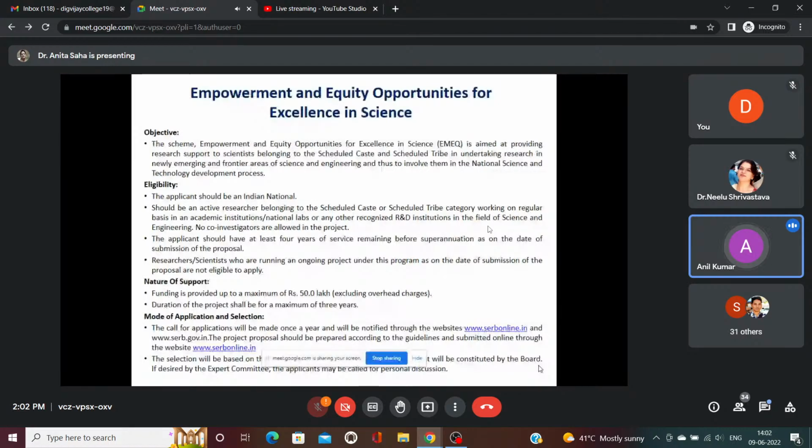Under this scheme, the scheduled communities and other backward class members of our society can take benefits of grants to develop their research labs and other research activities. So this is a very good scheme for SC/ST community researchers. Definitely they should apply under this scheme of the SERB. Next one.